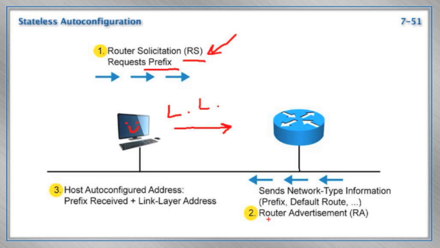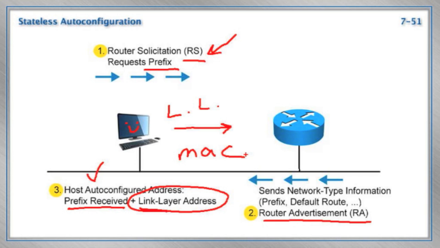Here, the local router hears it and says, hey, no problem. Here's a router advertisement, and here is your prefix, Mr. or Mrs. PC. That PC takes that prefix and then automatically calculates its 64-bit host portion of the address. It does this, by the way, using its MAC address. That's right.